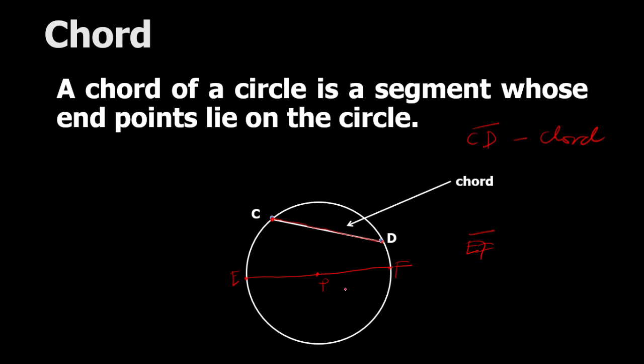Okay? So there is a special type of chord, which is the diameter, which passes through the center. Let's draw another chord. Say this is point A and this is point B. So we also have chord AB. So again, a chord of a circle is a segment whose endpoints lie on the circle.